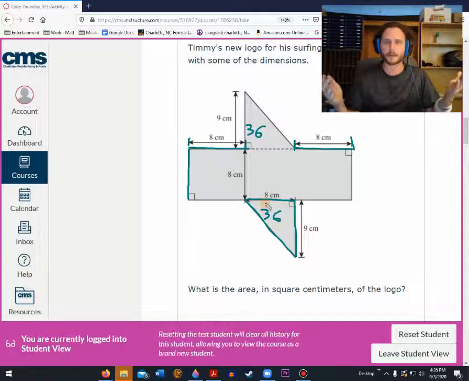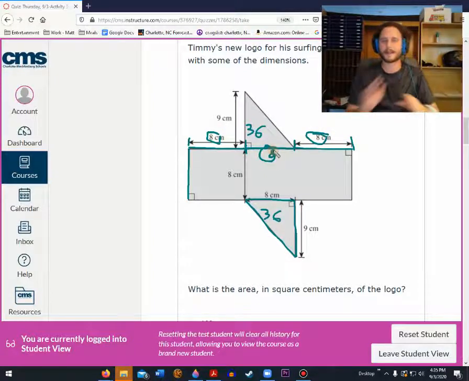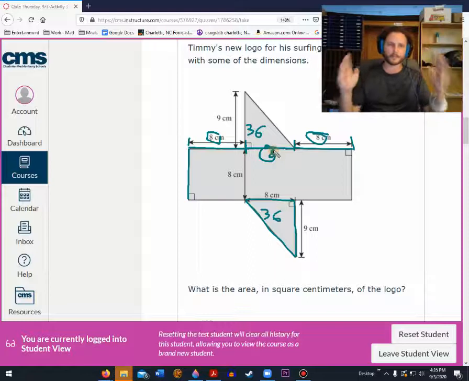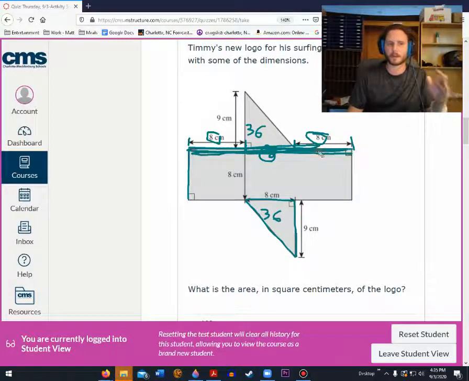Well, if both of those triangles are the same, we know that this small section is going to be 8 centimeters. If you combine all three of these sections, you'll find that the entire width of the whole rectangle is supposed to be 24 centimeters. This whole length right here is supposed to be 24.